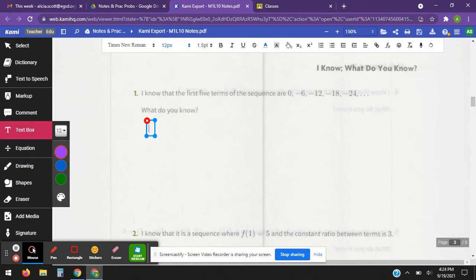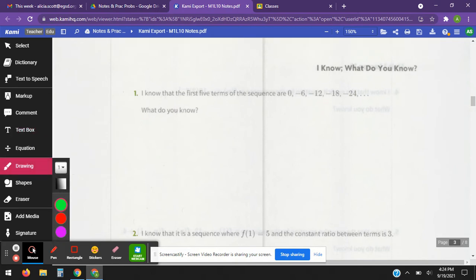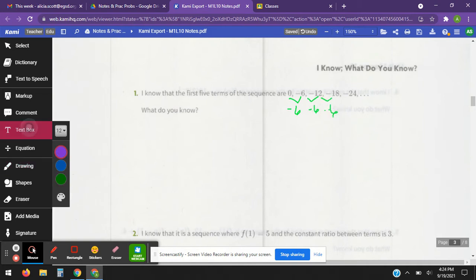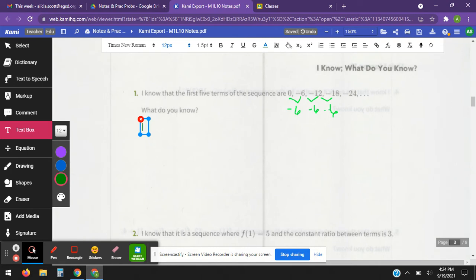I noticed here it's a -6, and I can't multiply a 0 to get anything, so my common difference is -6. That means this is arithmetic.